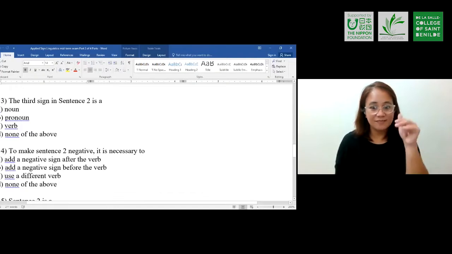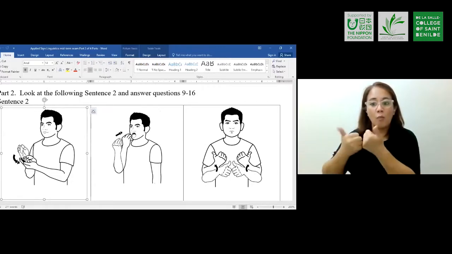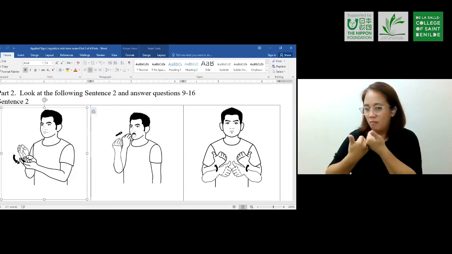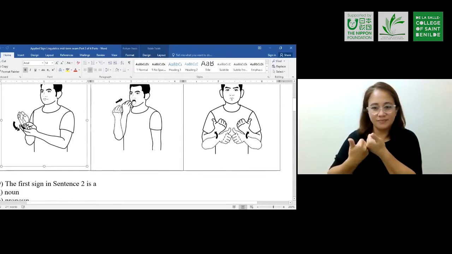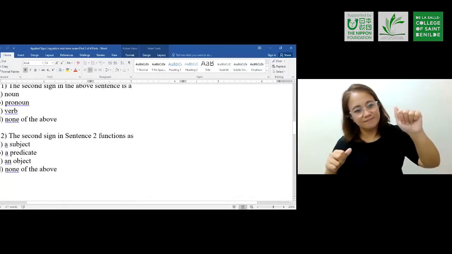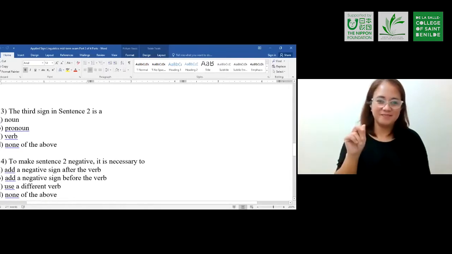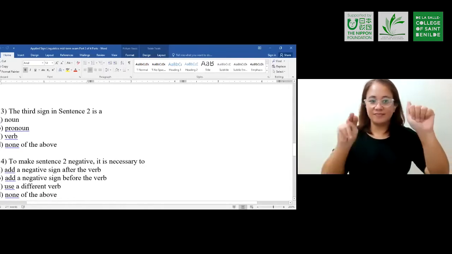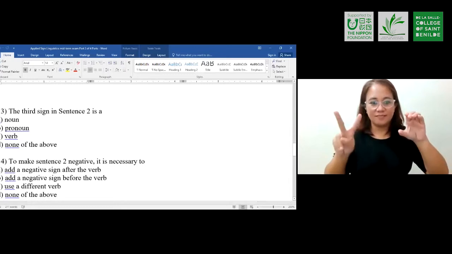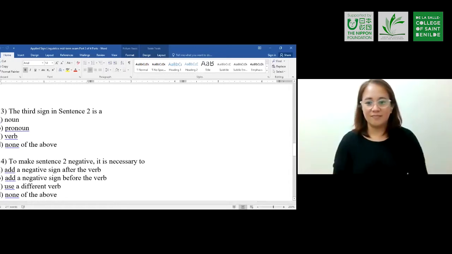Number 13, the last sign, the third sign, how, is A, a noun, B, a pronoun, C, a verb, D, none of the above. I see D as in dog. That's correct.